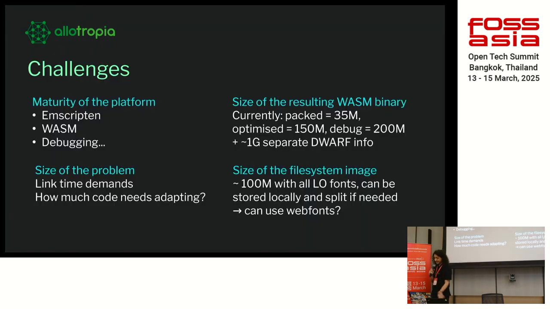And how did we get this into the web? It was a problem. Maturity of the platform was a problem for us because WASM was ready but not ready for LibreOffice. We did break lots of stuff, lots of toolchains, so there were lots of things to fix along the way.